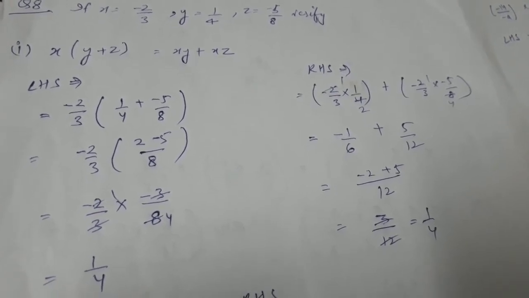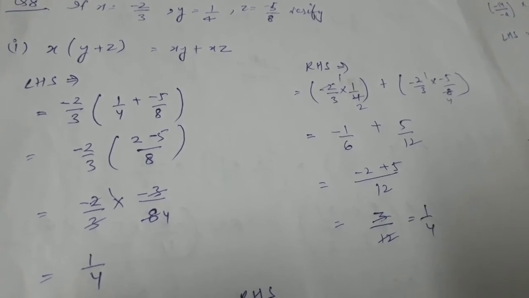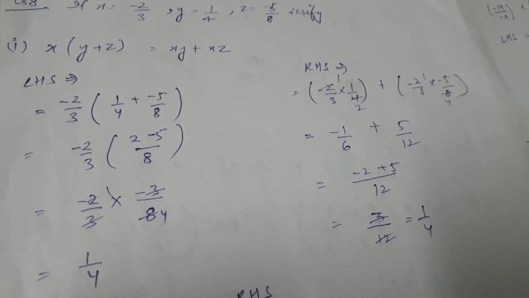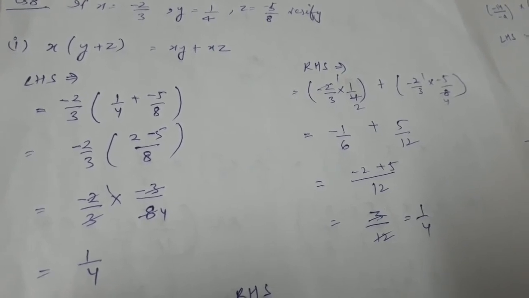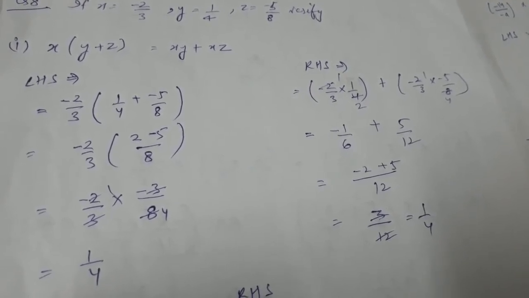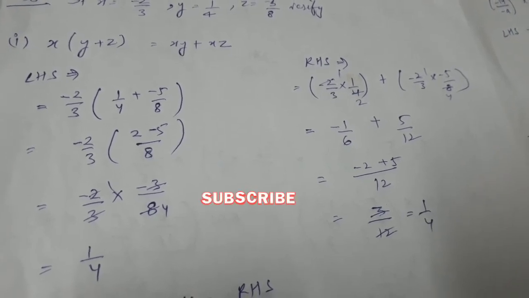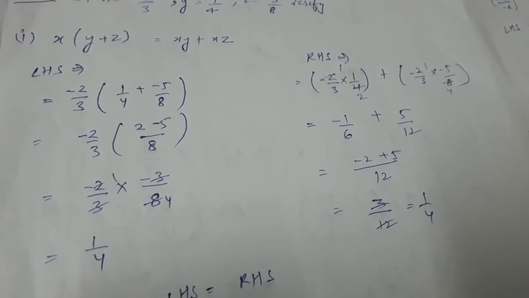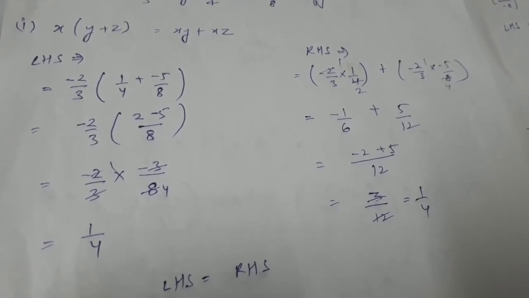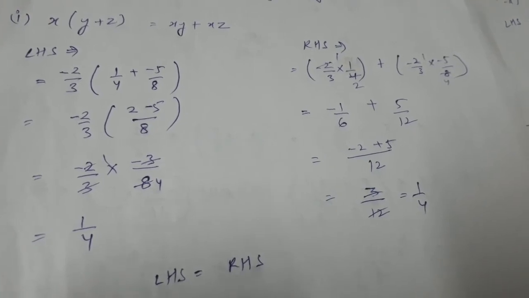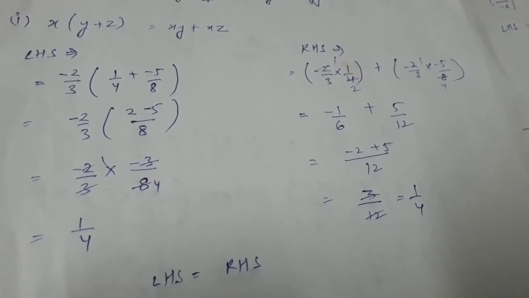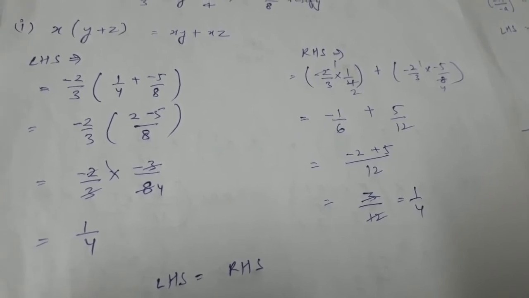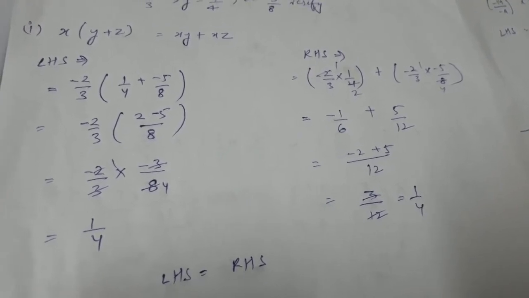Left hand side would be minus 2 by 3 within bracket 1 by 4 plus minus 5 by 8, and right hand side would be minus 2 by 3 into 1 by 4 within bracket plus minus 2 by 3 into minus 5 by 8 within bracket. After solving and cancellation we will come out as 1 by 4 on both sides. So in the first part left hand side equals right hand side. So we can say that the distributive property of multiplication over addition is satisfied here.